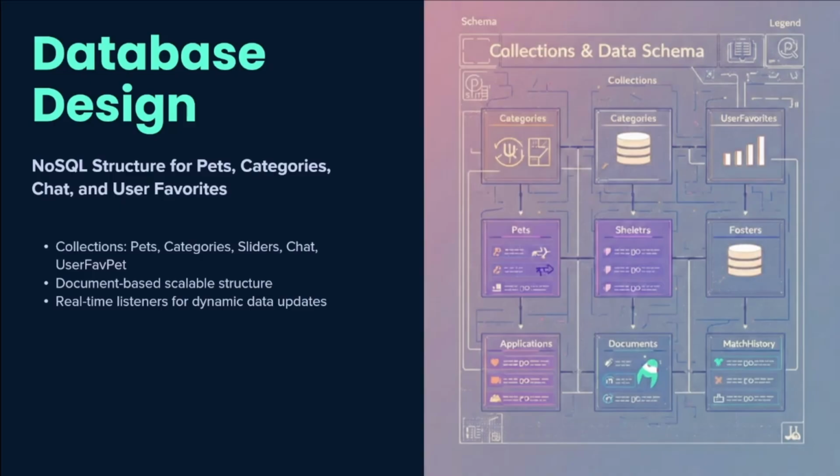The main collections include users, pets, categories, the chat, the messages, and the favorites feature. Unlike traditional SQL databases, NoSQL does not require strict relational schemas.